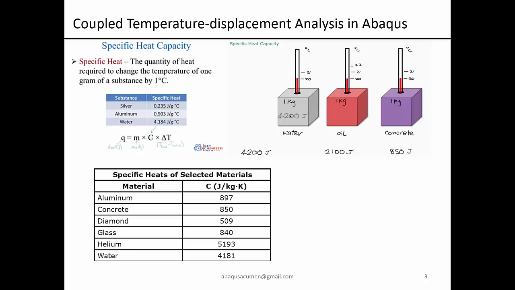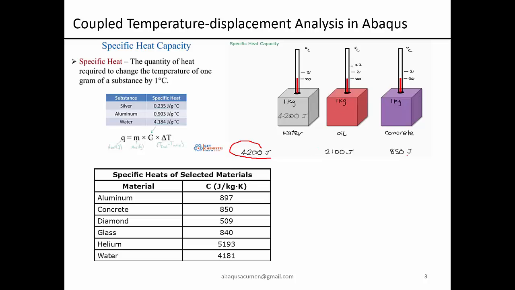Water has a very high specific heat, 4200 joules. The heat required for 1 kg of water to raise its temperature by 1 degree is quite a bit. But oil has a low specific heat, so you require about half of the heat to raise the temperature of oil by 1 degree.